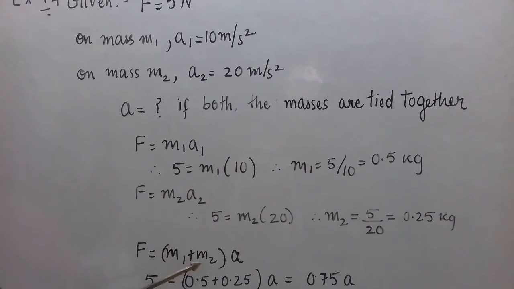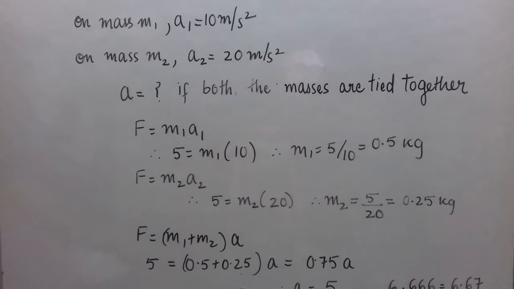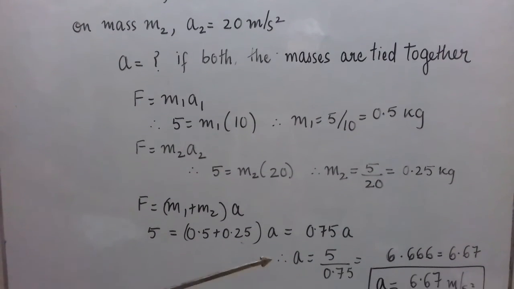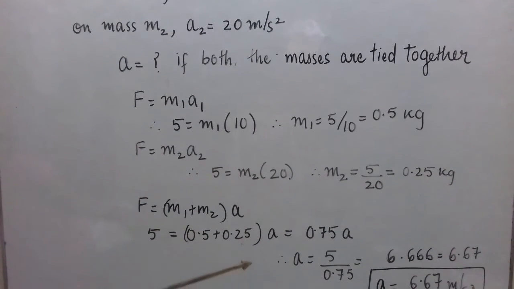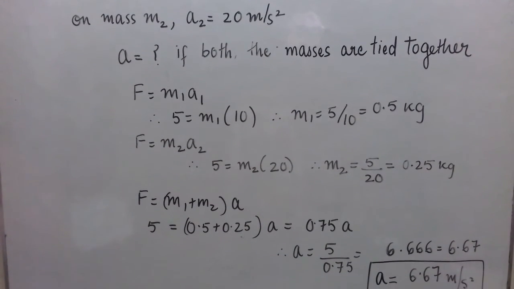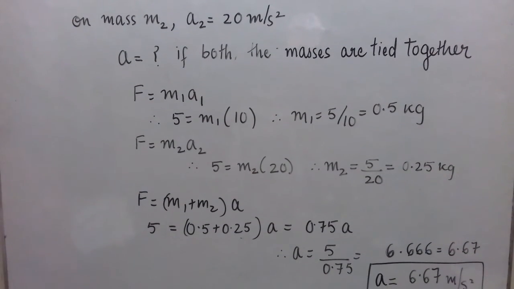Putting the values of m1 and m2, we can find the value of A. So A comes out to be 5 upon 0.75, which is 6.666. We can round it off to 2 decimal places as per rules, so the acceleration is 6.67 meter per second square. I hope you have understood this, and let us now do the last numerical of today's lecture.